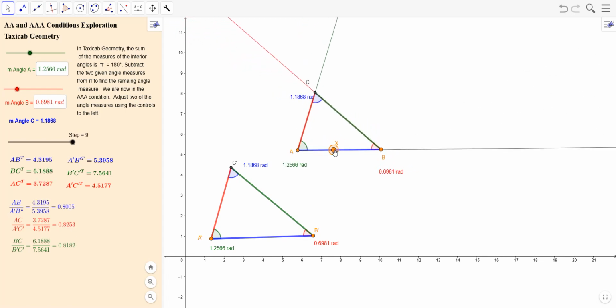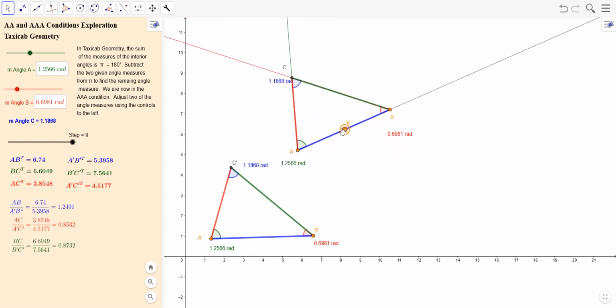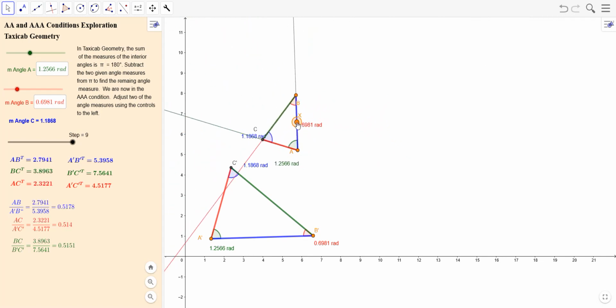If I could get this side parallel to that side, and then that would be parallel to that, then they would in fact be proportional. But if they're at a different angle like this, those have all the angles congruent to the corresponding angles here, but not only are the sides different, they're not even in proportion.